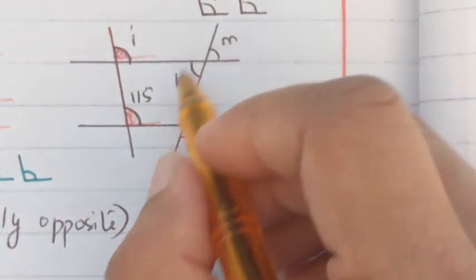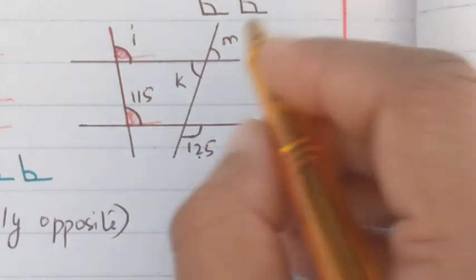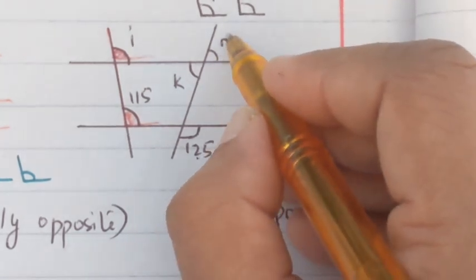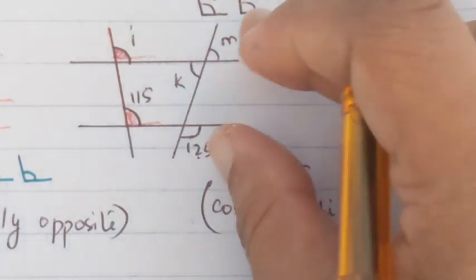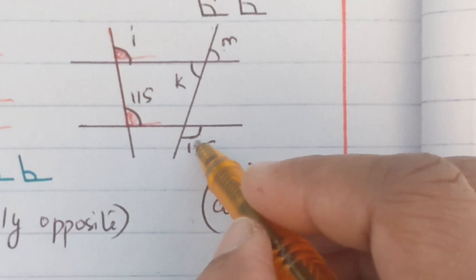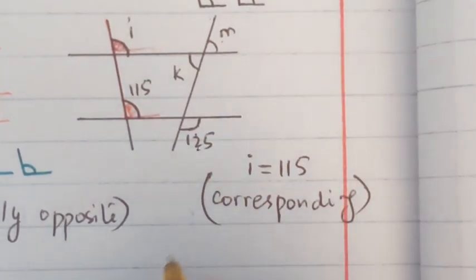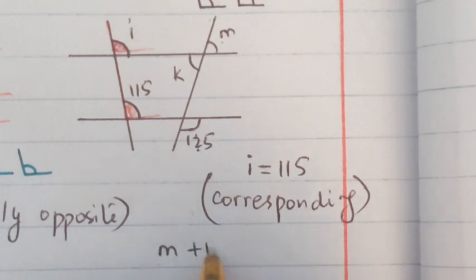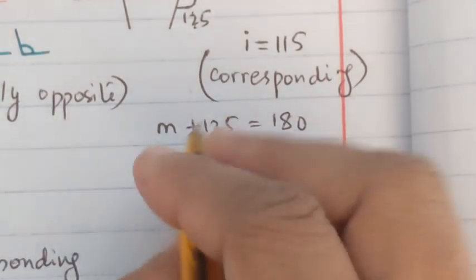For angle K and M, they are vertically opposite. For angle 125, we learned about it. One is above the two parallel lines, the other one is below the two parallel lines, and they are on the same side of the transversal, that is on the right side of the transversal. So they are exterior supplementary, and exterior supplementary angles give us a total of 180 degrees. So we can say that M plus 125 is equal to 180 for being exterior supplementary.